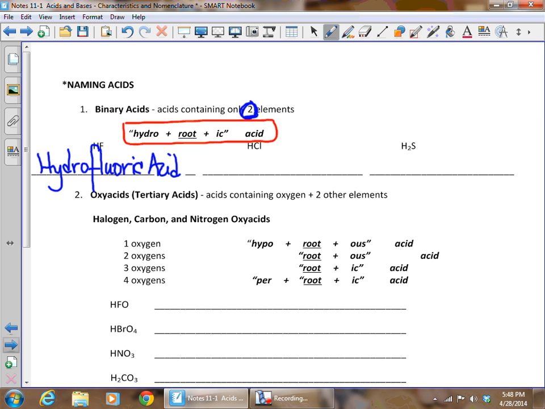And you can pause this for a minute and see if you can name the last 2, HCl and H2S, based on this rule. So hopefully when you did this, you came up with the fact that HCl should be hydro, the root for chlorine, which is chlor, ic, acid, hydrochloric acid.